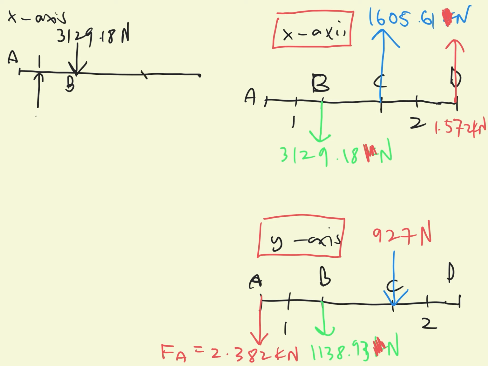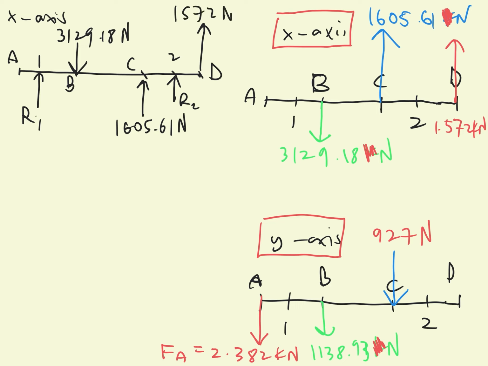And then for point C we have a force acting upwards, 1,605.601. And then at point 2 we have a bearing, so R1 and R2 represent the bearing supports. And also at point D there is a force acting upwards with the value of 1.527 kilonewton. This is for x-axis.